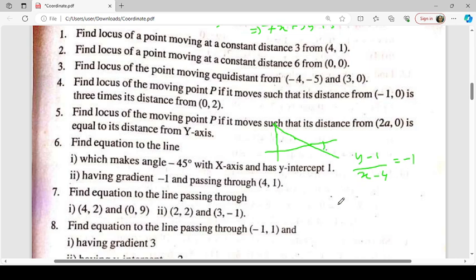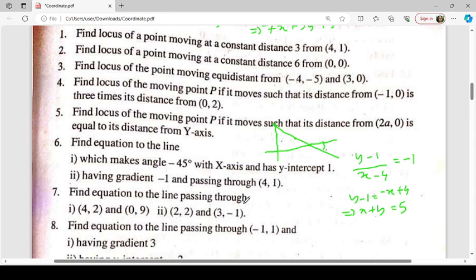Now simplify this. So y minus 1 is equal to minus x plus 4. So this implies x plus y equal to 5. Then find the equation of the line passing through this and this.